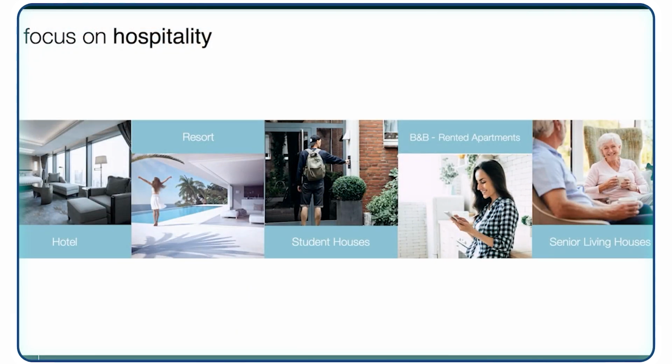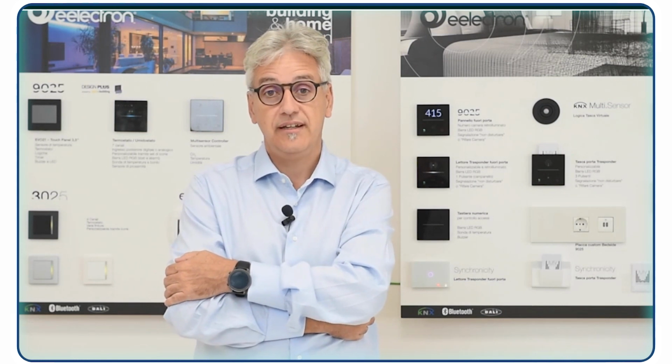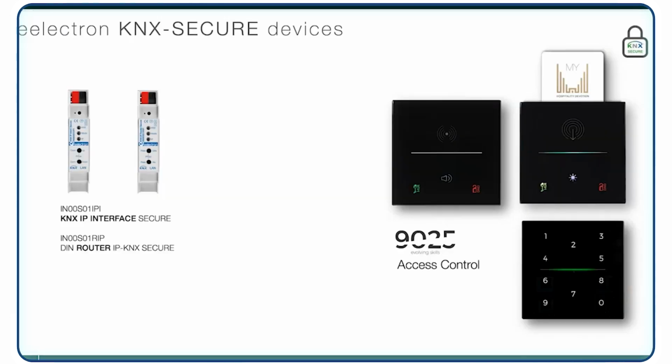When we talk about hospitality, we are used to talk about hotels, but we have to think a little bit more about hospitality. So for example, we can consider student house, where the keypad can be easily installed and easily managed by the manager of the structure, or even offices where the access control can be managed through the keypad or RFID card reader.